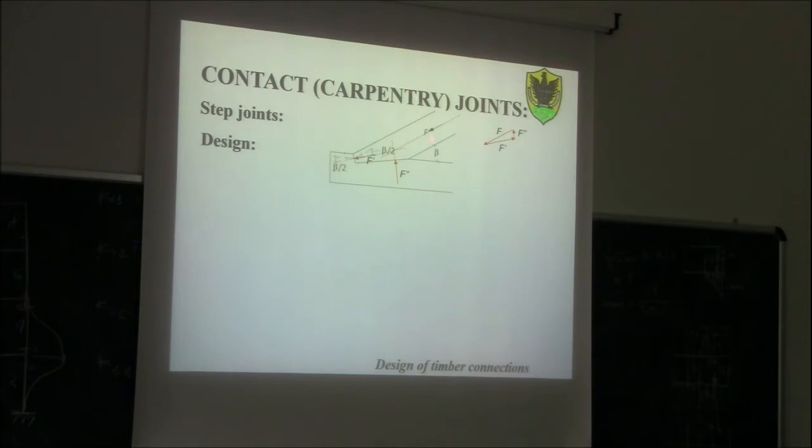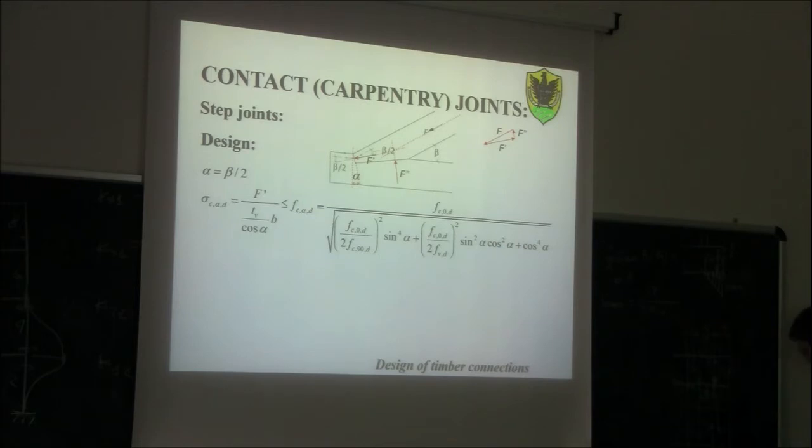Okay, so we said before, we need to find out first the equilibrium by considering those two directions. This angle alpha, the inclination angle of the notch, is, for geometrical consideration, equal to beta divided by 2. And then we can write the design inequality along this notch here.